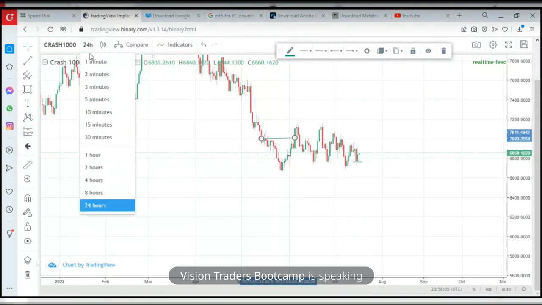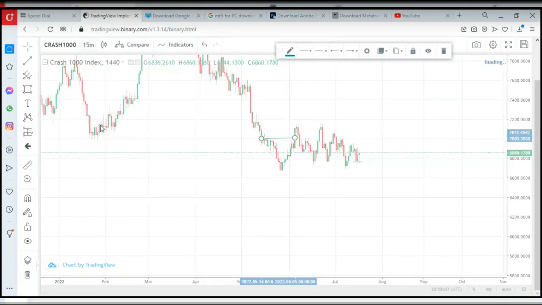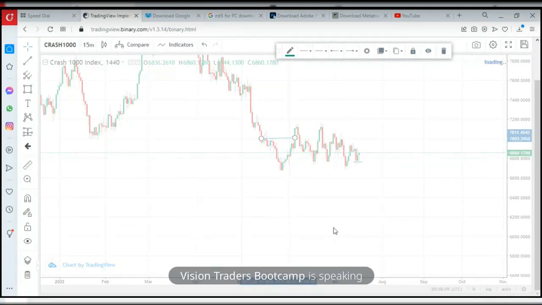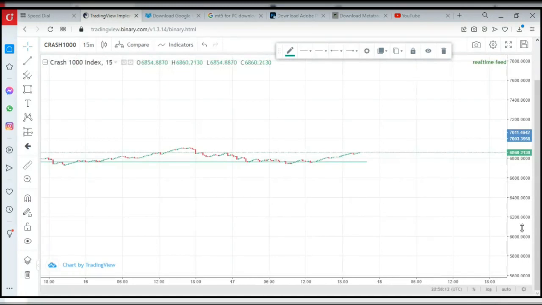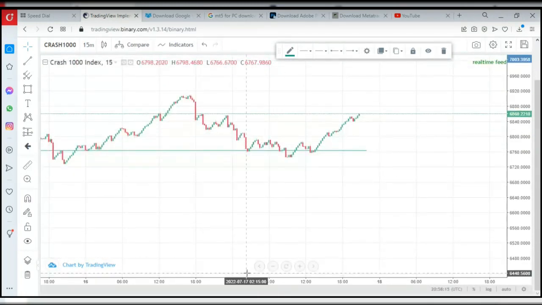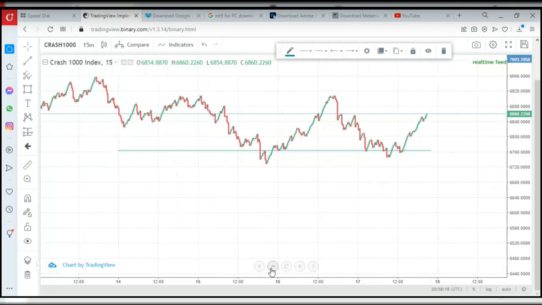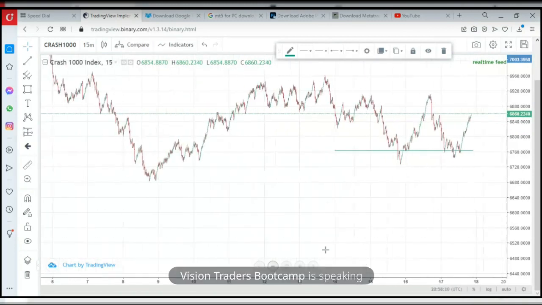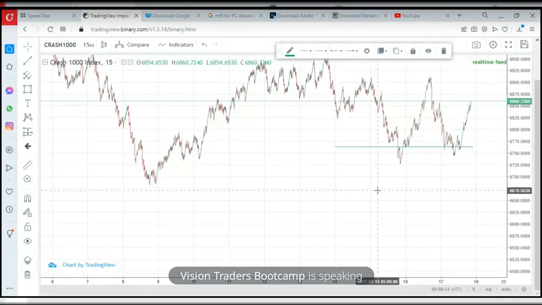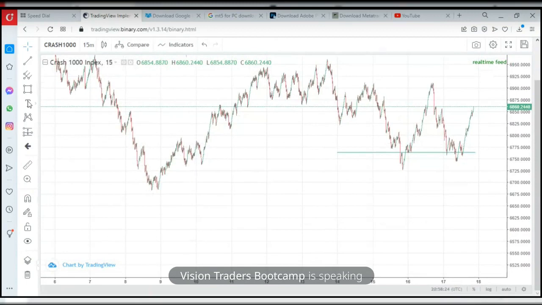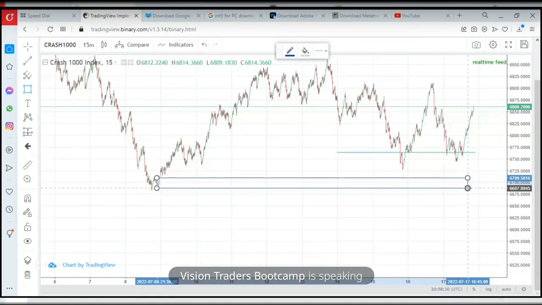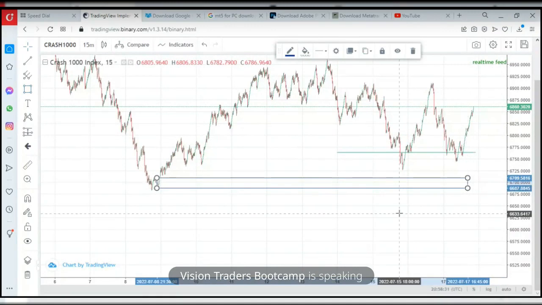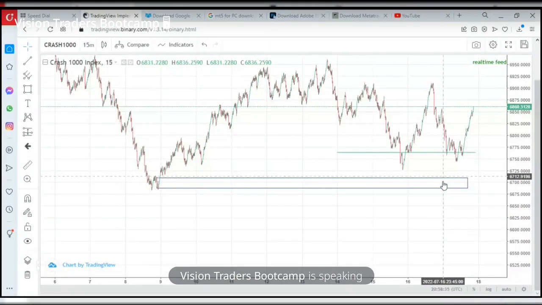Let me show you something on M15. All right, as a smart trader, we can see this inefficiency here, right? So one will be hoping that price will actually come to that region for potential accumulations.